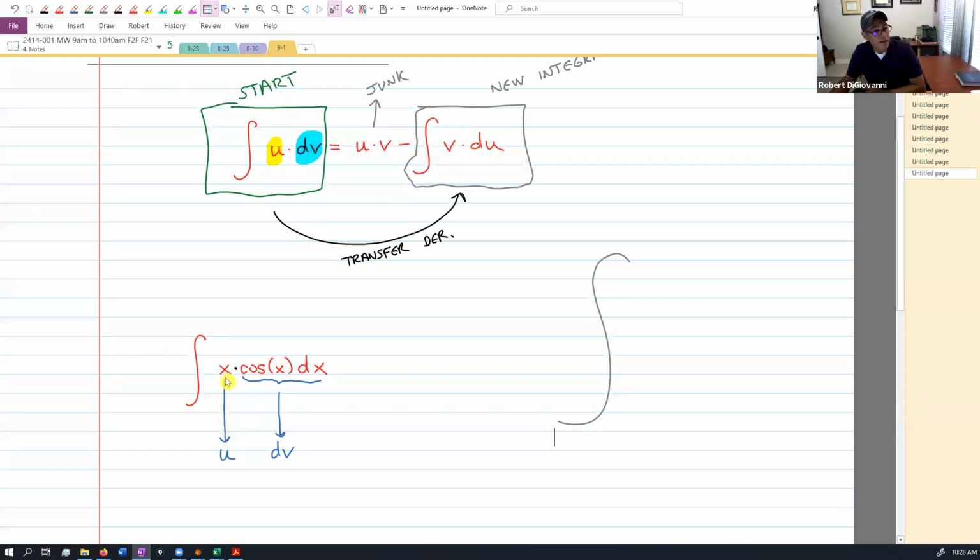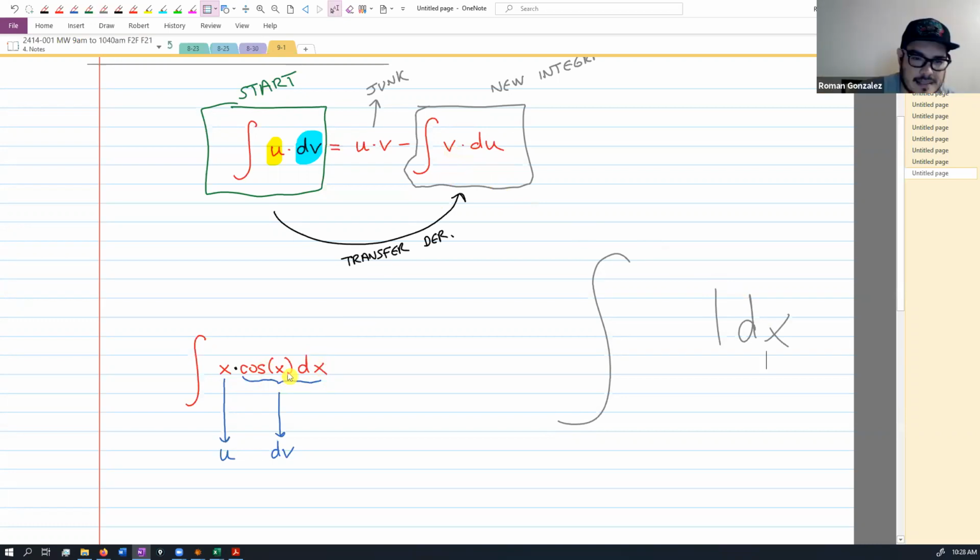What's the derivative of x? 1, or you could say 1 dx. So in this new integral, I'm going to have du, that's 1 dx. And then also in the new integral, you're going to have v, which should be the antiderivative of this. So Roman, what's the antiderivative of this? Sine. So that would be sine x.